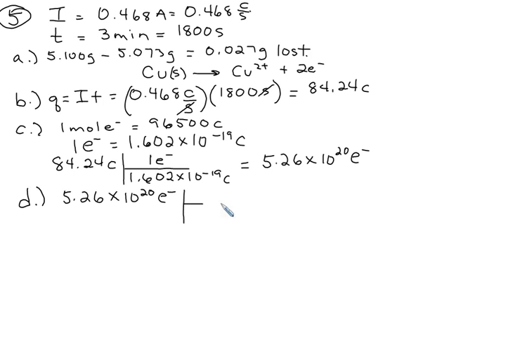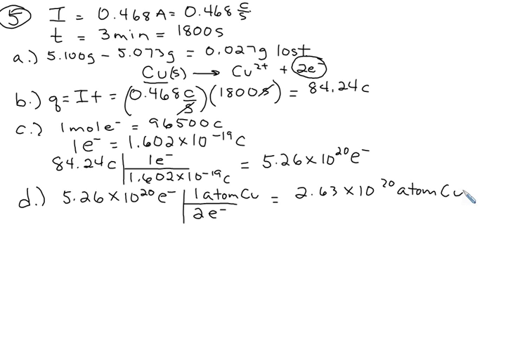And from our balanced oxidation reaction up here, we know for every 1 atom of copper, we used or generated 2 electrons. So we're going to use that fact, 2 electrons for every 1 atom of copper. And do the math, and you get 2.63 times 10 to the 20 atoms of copper.